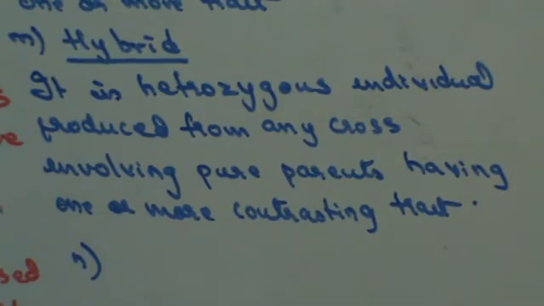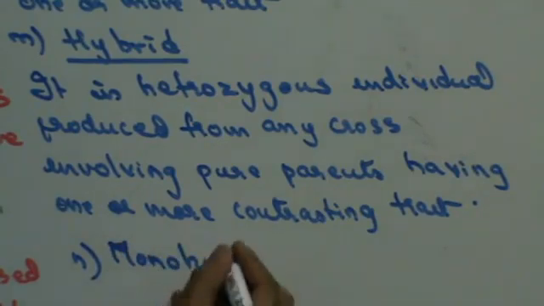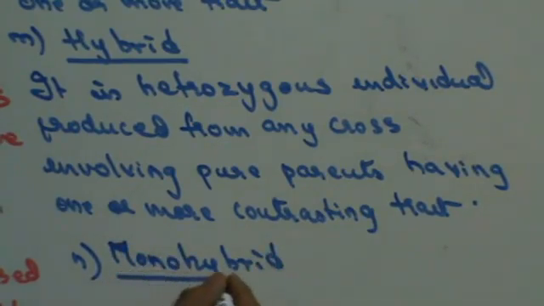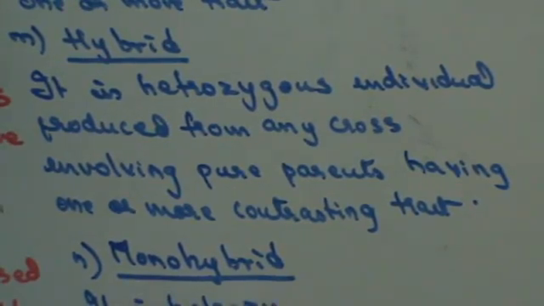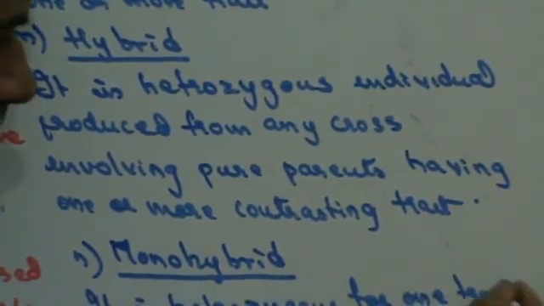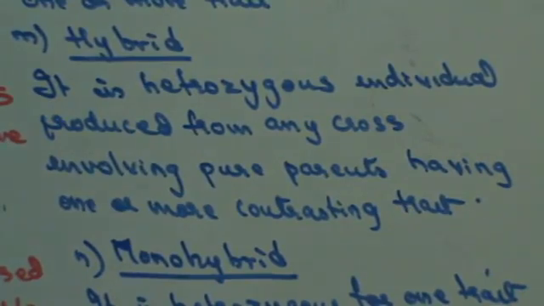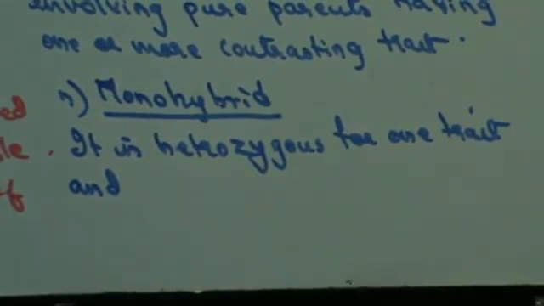Fine, do we get this in here? Monohybrid, it is heterozygous for one trait and produced, that means all the other characters will be homozygous. It's only one particular character that will be heterozygous, right?